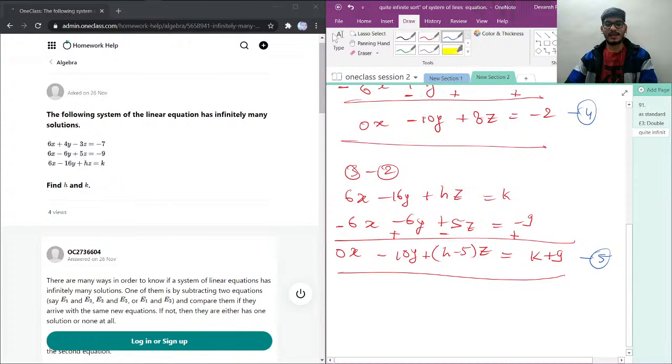Now we have two equations, equation 4 and equation 5, and these equations are going to be the same.